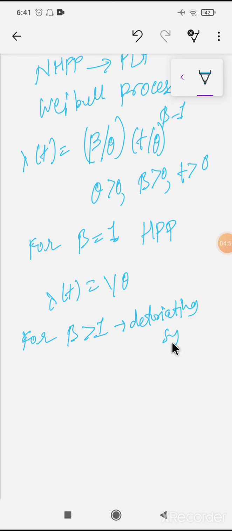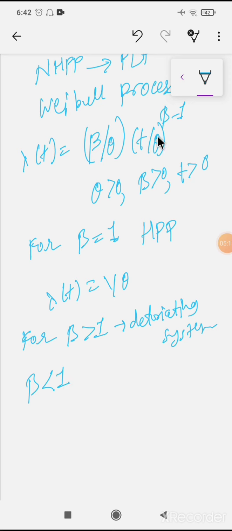When beta is greater than 1, this term will increase and the other term will remain constant, therefore this model will be deteriorating.